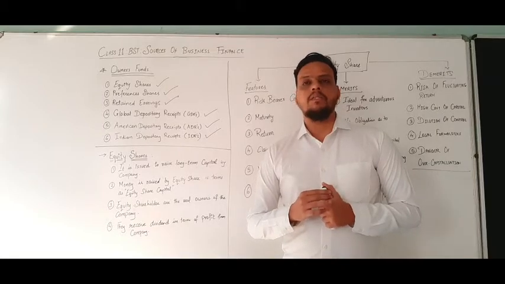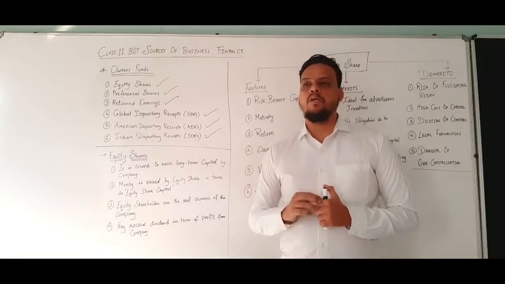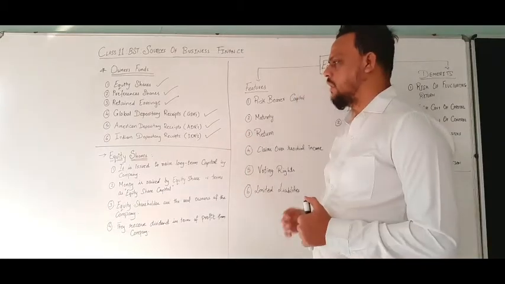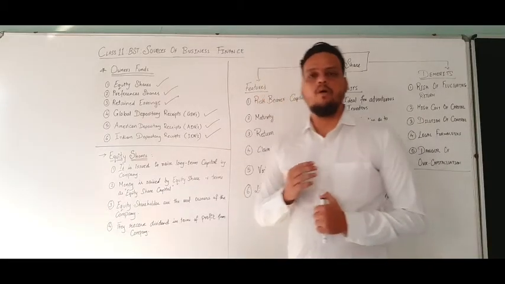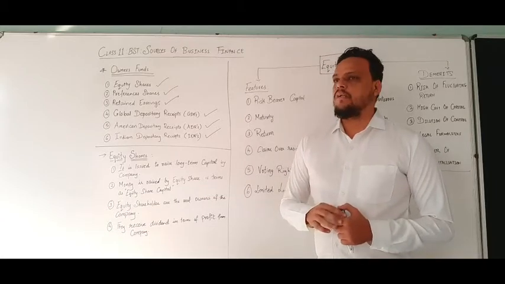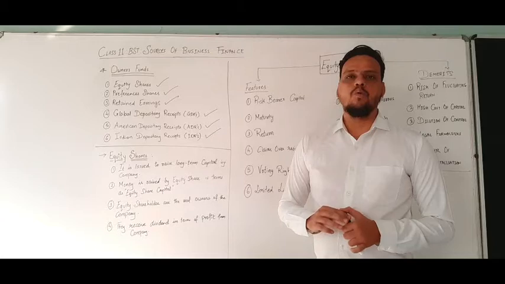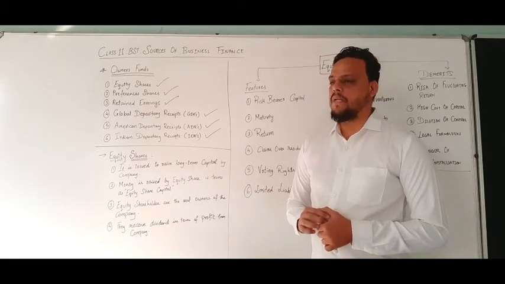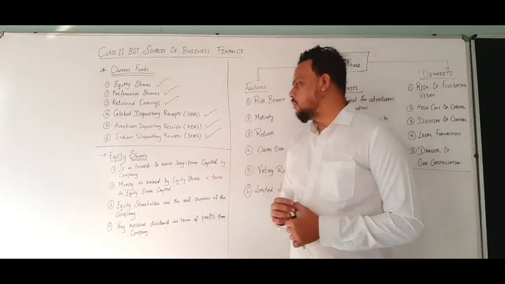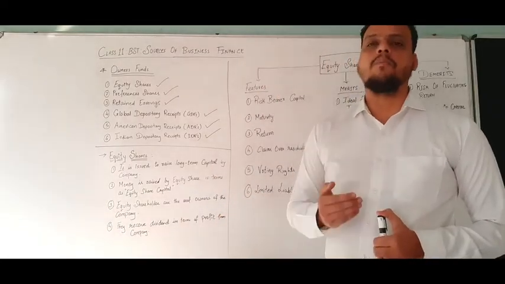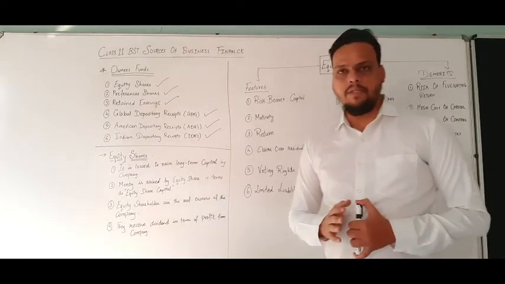Long-term capital means it takes more than 5 years or lasts till the end of the organization. Equity shares are generally issued by the organization at the beginning, and if they need money and there is no other source, then they issue equity shares to the general public. So the issue of an equity share is done for the purpose of long-term capital.